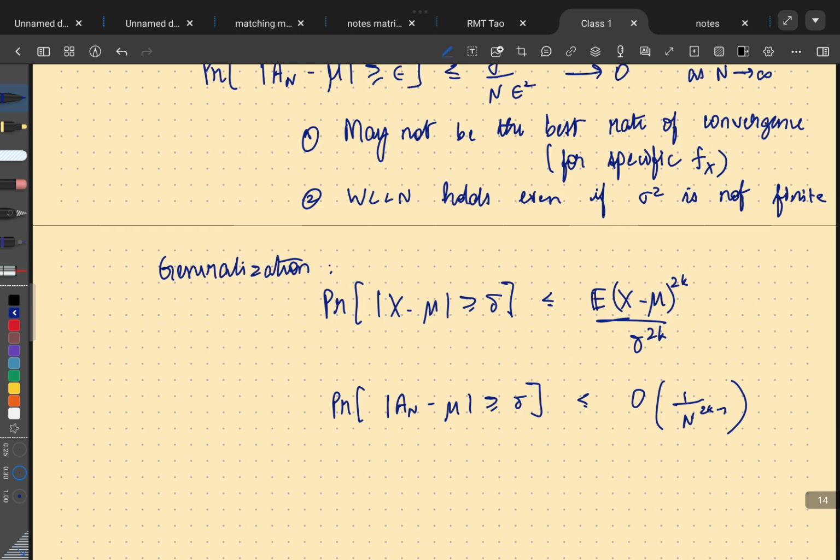Correct. The term will decrease, so it can become as small as possible. Correct. So in general, you can choose a larger k to get a faster decay.